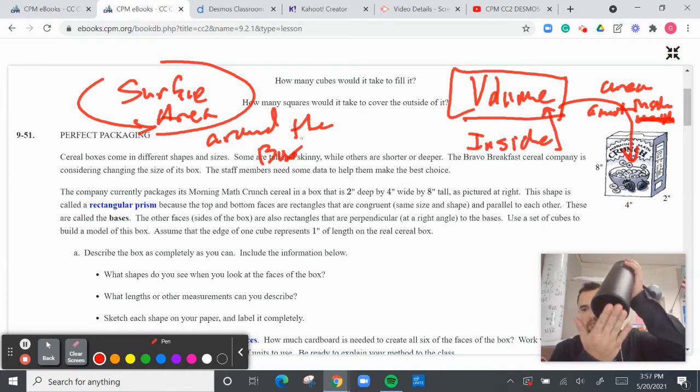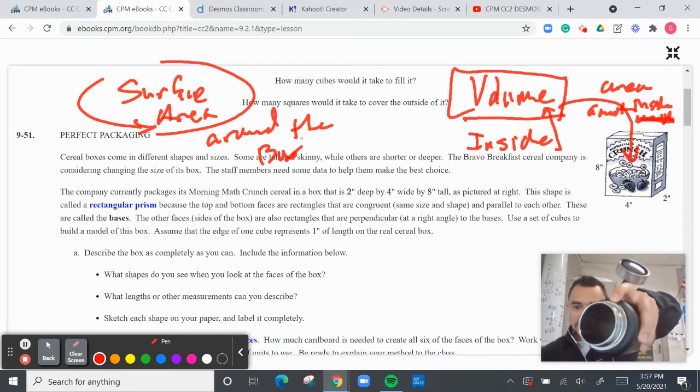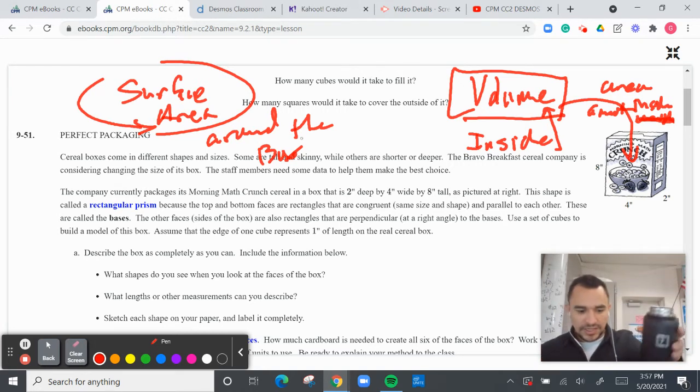It's also the black down here. Now, you can't really count the surface area on top because it's open, but the surface area is everything on the outside that's covering it. Volume is everything inside. And so here we have the liquid, and I just poured water on my keyboard. No, just one drop. But that is the volume. The volume is liquid inside, surface area is around.